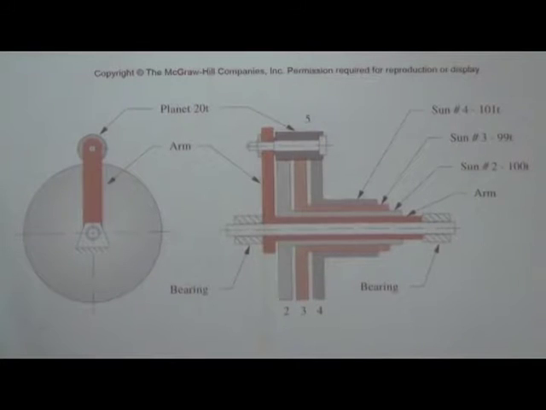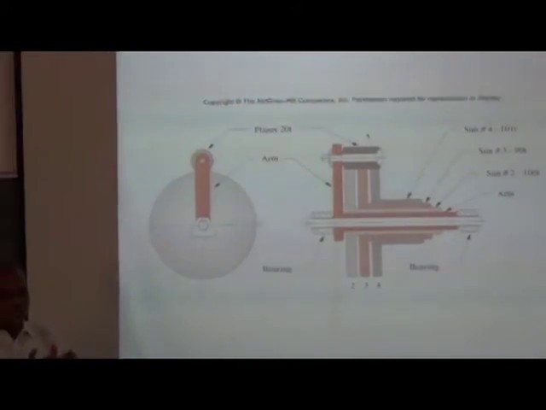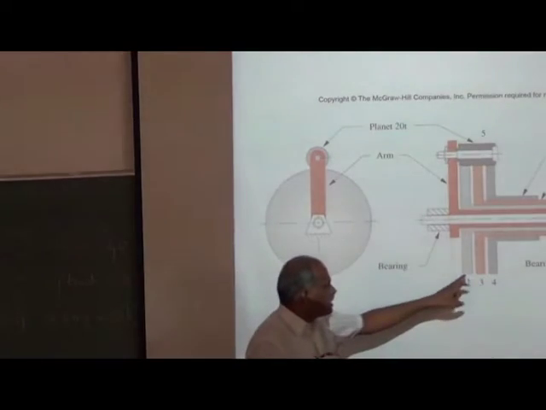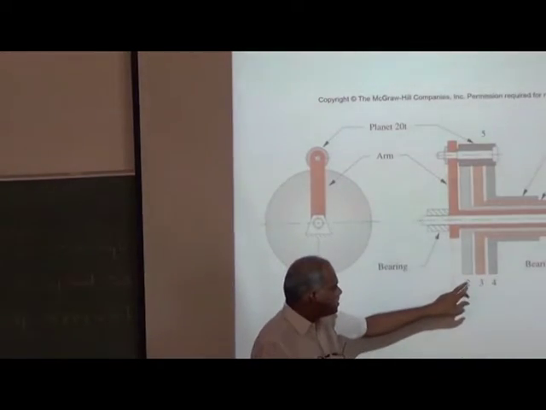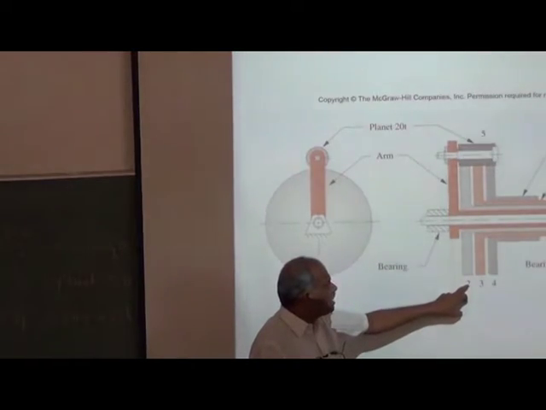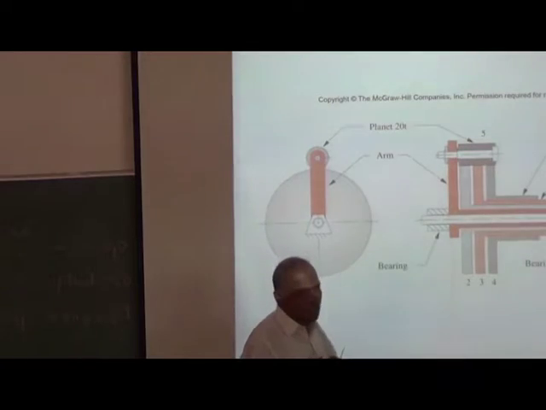Then the pitch diameters will be different, but because of the involute profile they can still engage, but the pressure angle will be slightly different. Okay, this is possible only with involute gears. Here you see that the 3 sun gears are there. One is 101, the other one is 99 teeth, the other one is 100 teeth.